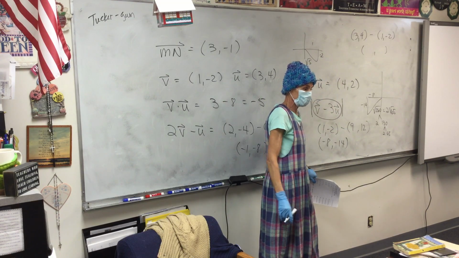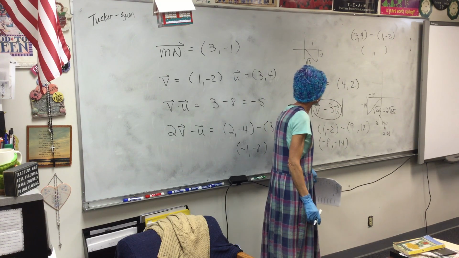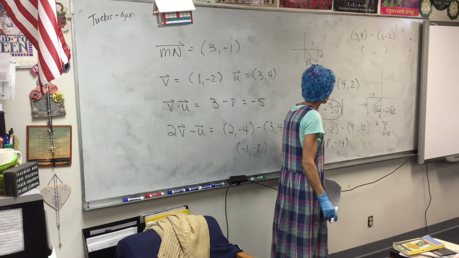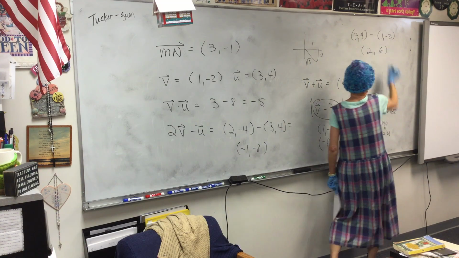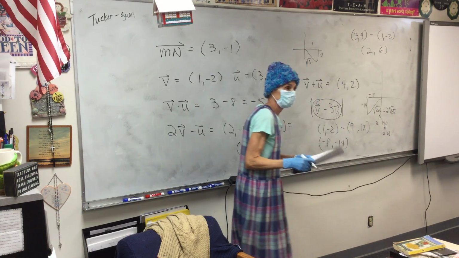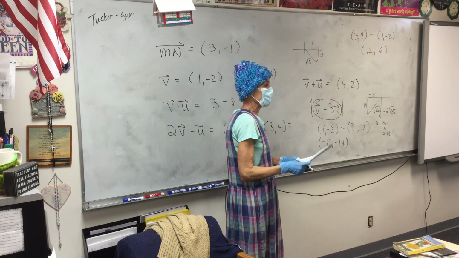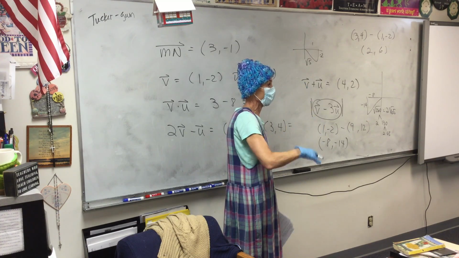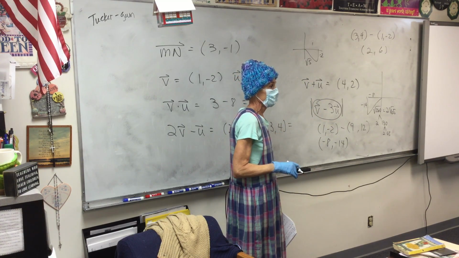Hey, this is a participation sport, people. Let's go. What's U minus V going to be? 2, 6. Good job. All right. Any questions about part 2, number 2? All those questions in number 2.